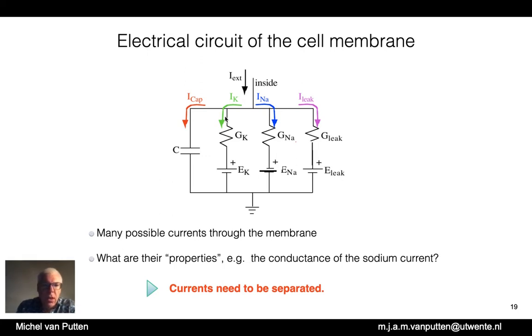But if you're interested in the potassium current only, or the sodium current only, and that was indeed the question Hodgkin and Huxley asked themselves, then you need to find a way to separate those four currents. And at the same time, you like to keep the membrane voltage constant. Now that was really a challenge. So you need to separate currents and at the same time keep the membrane voltage at a constant value.